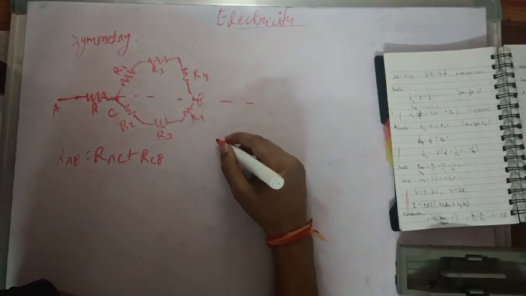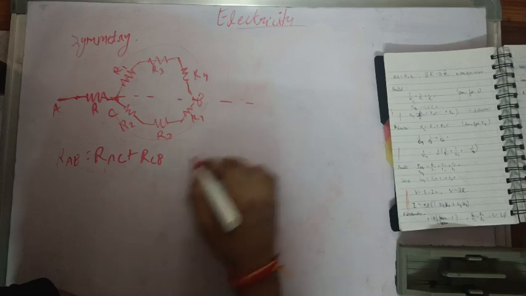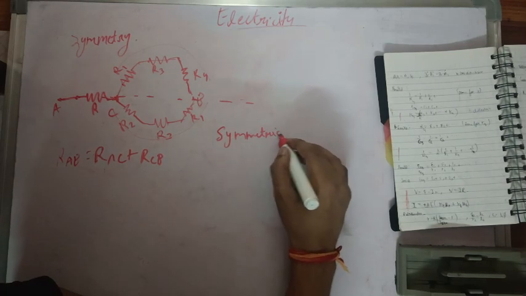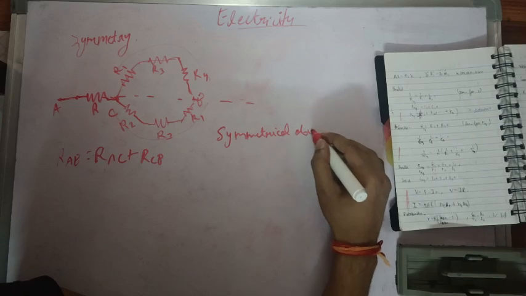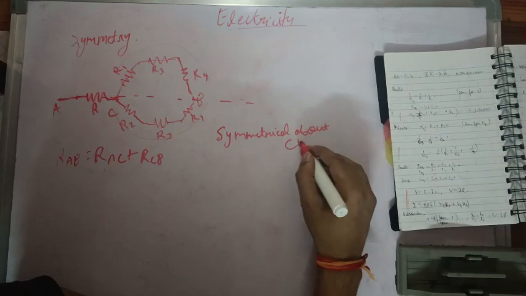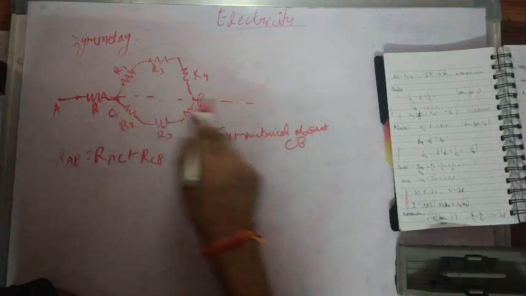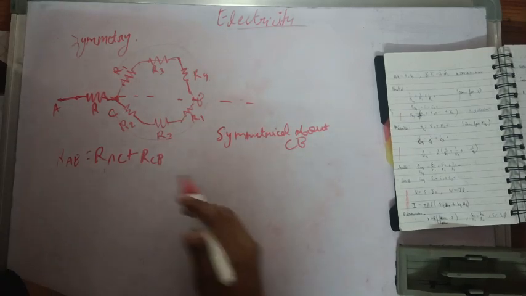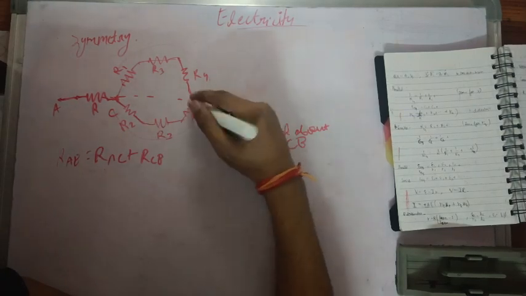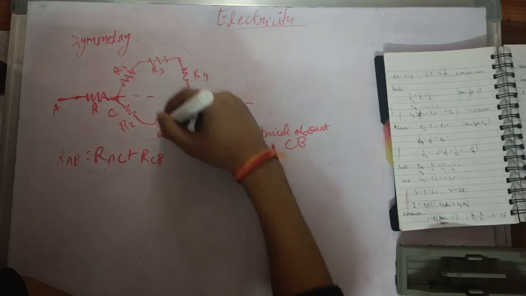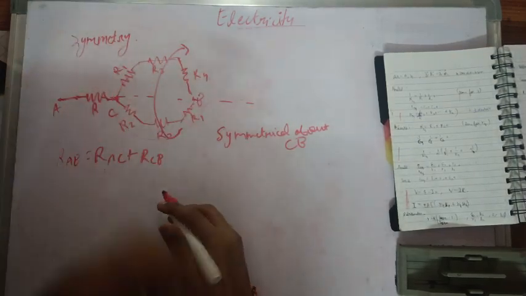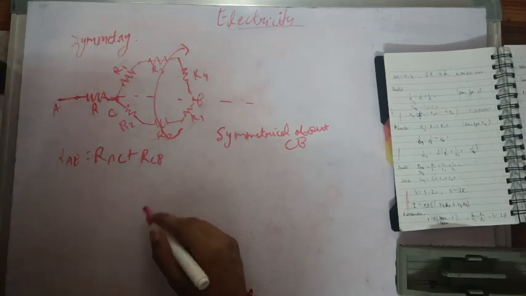It means this is symmetrical about the CB line, which is the path along the resistance. Then what we can do is flip this and merge them, or we can say add them parallelly.